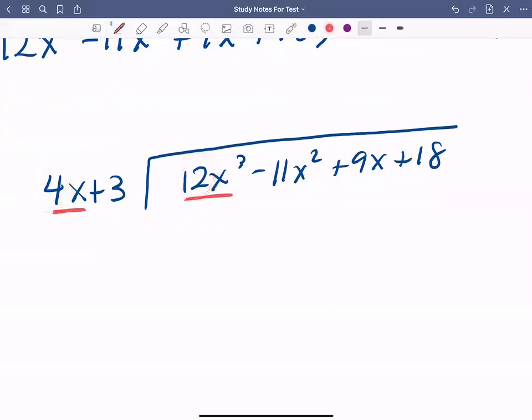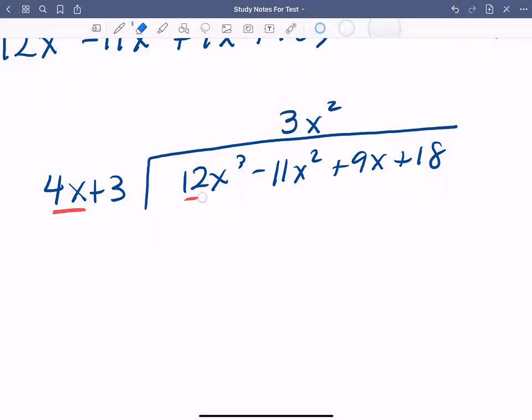The answer is that we multiply it by a positive 3, because 3 times 4 gives us 12. And then we have 1x here, but we need 3 of them. I'm talking about the exponent here. If I have 1 and I need 3, how many do I need? We need 2 of them, so we need x squared.